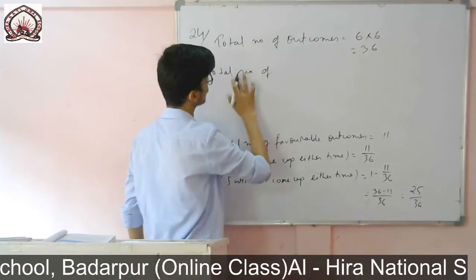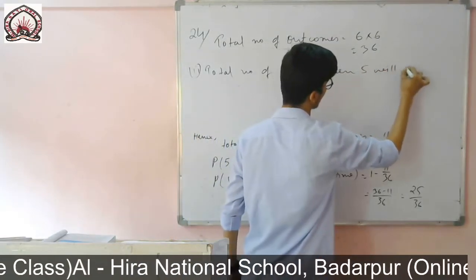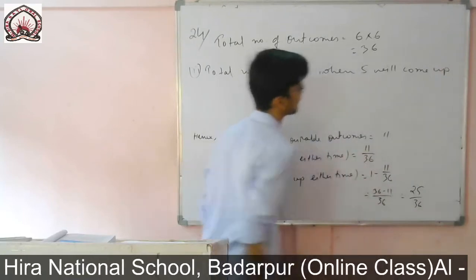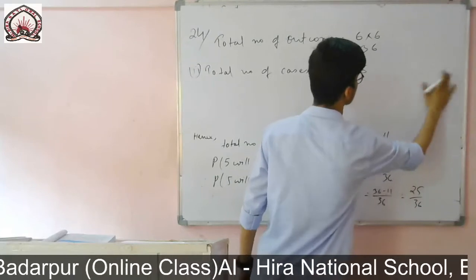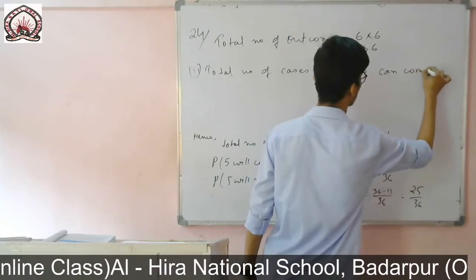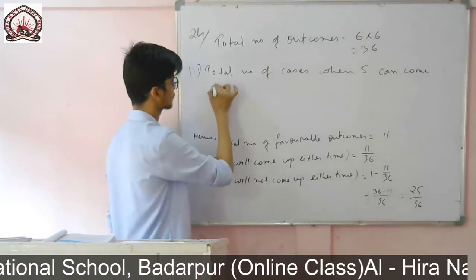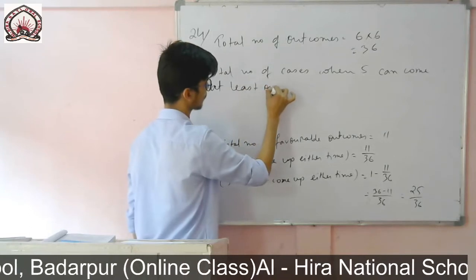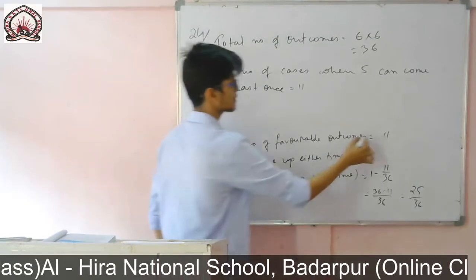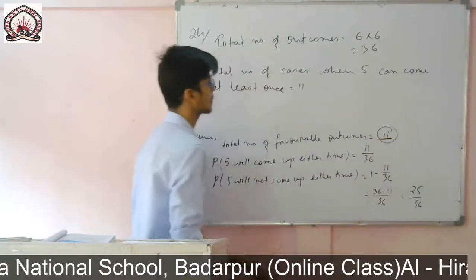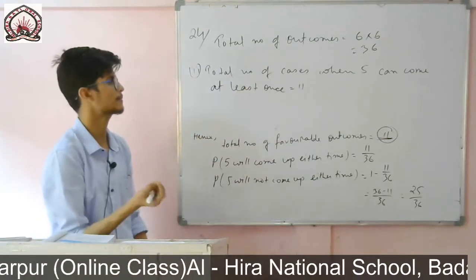Total number of cases when 5 can come up at least once: just now earlier I showed that I got these 11 outcomes, in each and every one of which 5 appeared at least once.